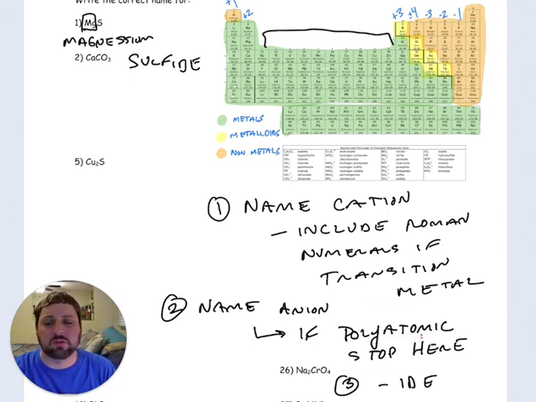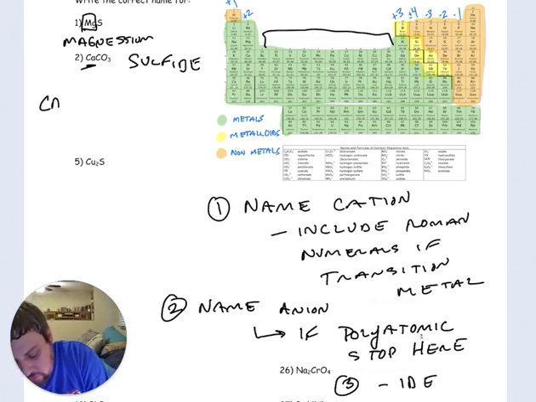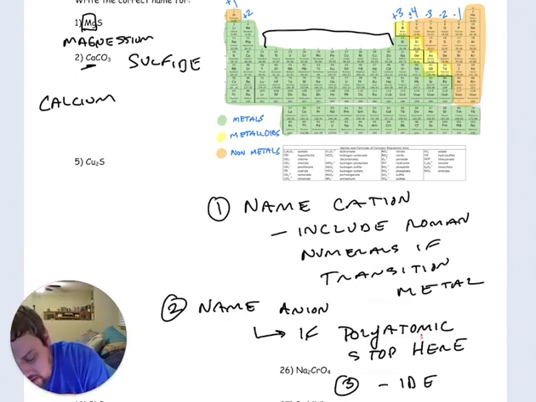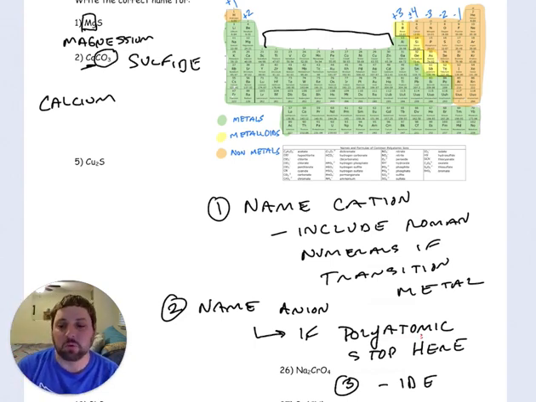Let's see if we can apply those same steps to number 2. So name the cation. Let's look at that first element, Ca. So we look to our periodic table and we see that it is called calcium. We go to step 2, right? Whatever is left over, we've already named our cation. That means everything that's left over, CO3, is going to be our anion, and of course that is made of multiple atoms, so that is a polyatomic ion.